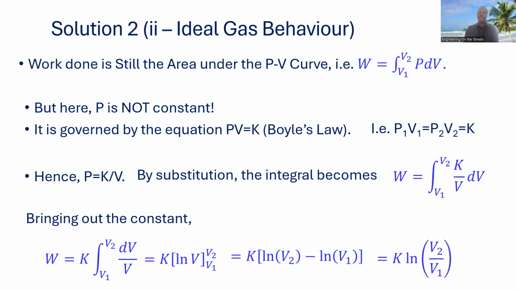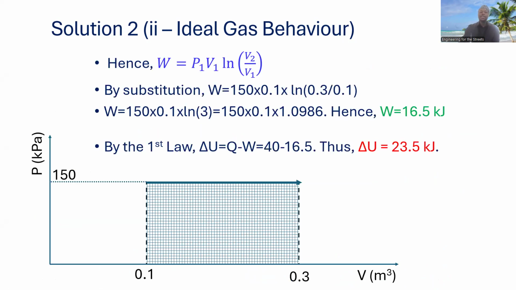But what is the value of K? We'll see in the next slide. K is PV, isn't it? So P1V1 is K, P2V2 is K, P3V3 is K, and so on, depending on the number of changes in volume.